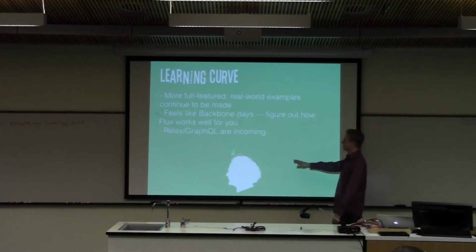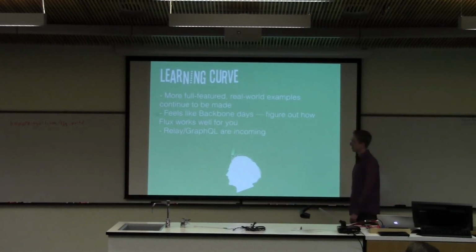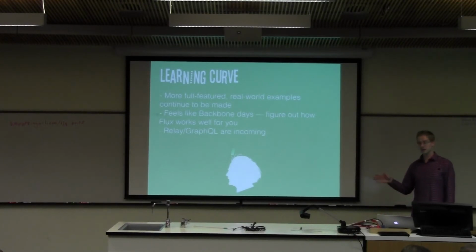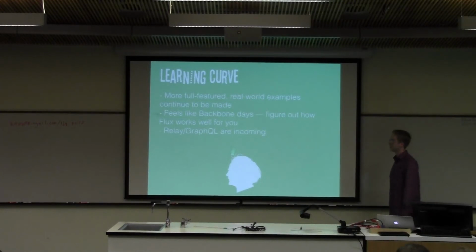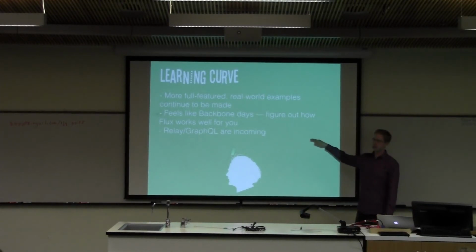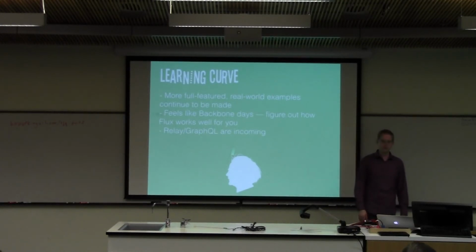And then this is the next effort from Facebook, which is Relay, with a little query language and data specification language called GraphQL. This is what they're touting as the next iteration on Flux. It's slightly unclear to me what the relationship will be. It sounds like there will be some Flux plus Relay or some that are just Relay.